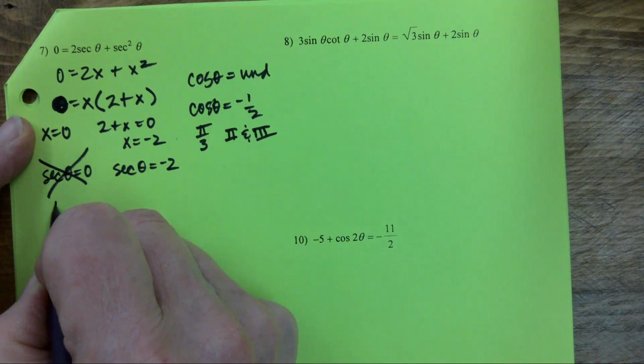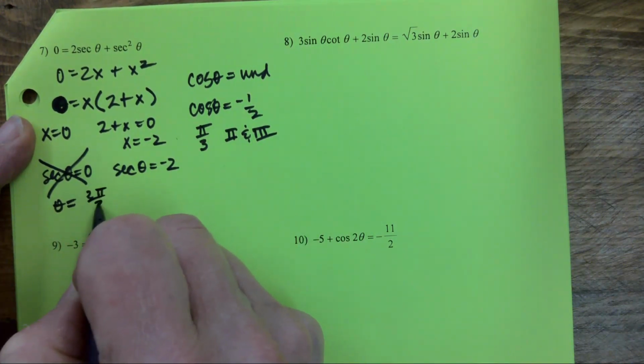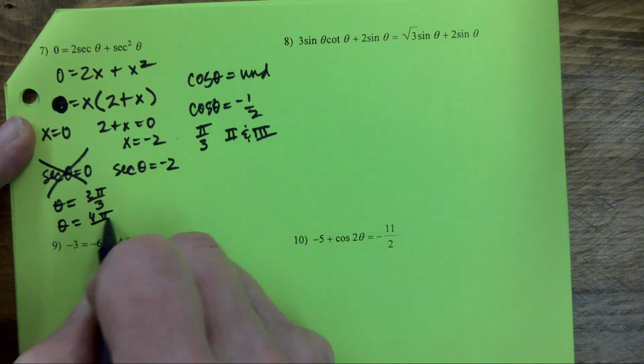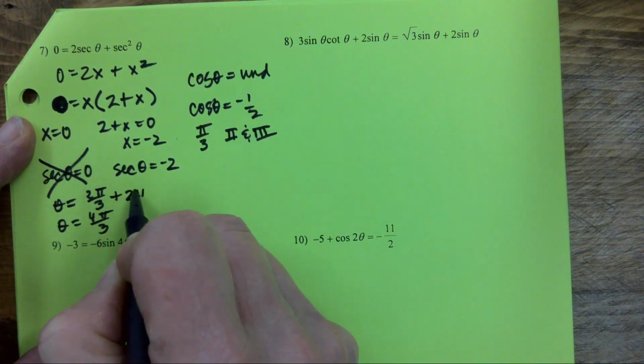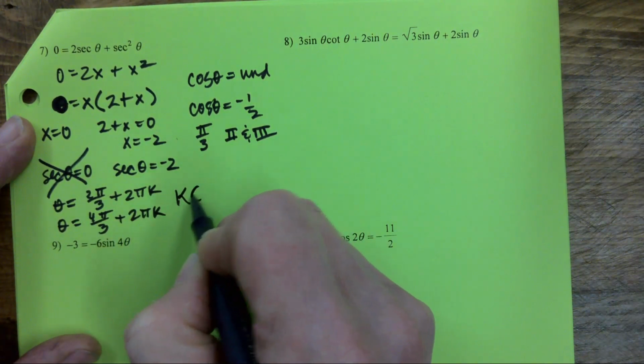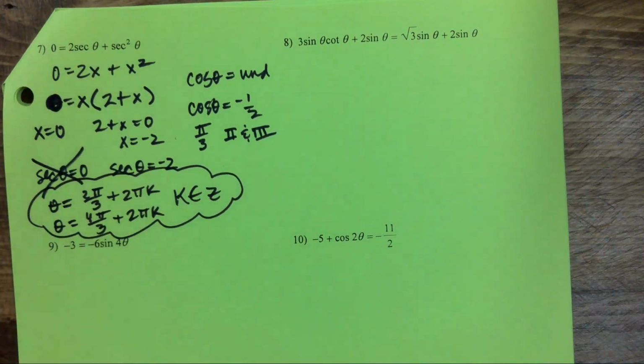So my theta is 2 pi over 3, and my theta is 4 pi over 3, plus 2 pi k. K is an element of the integers, and done.